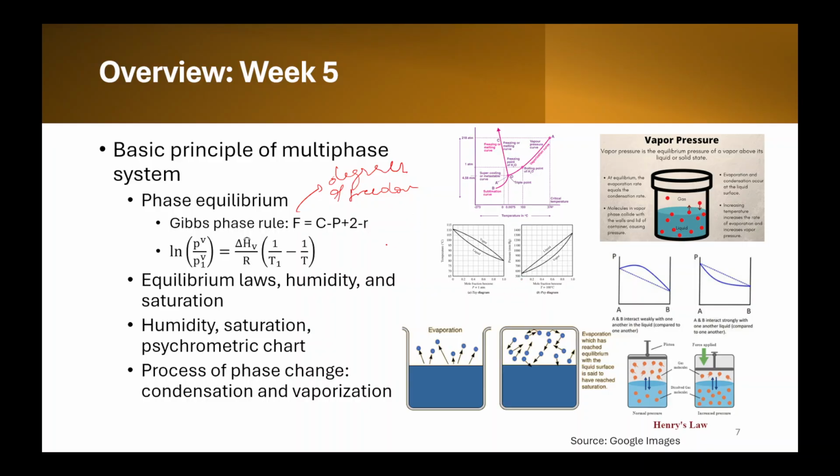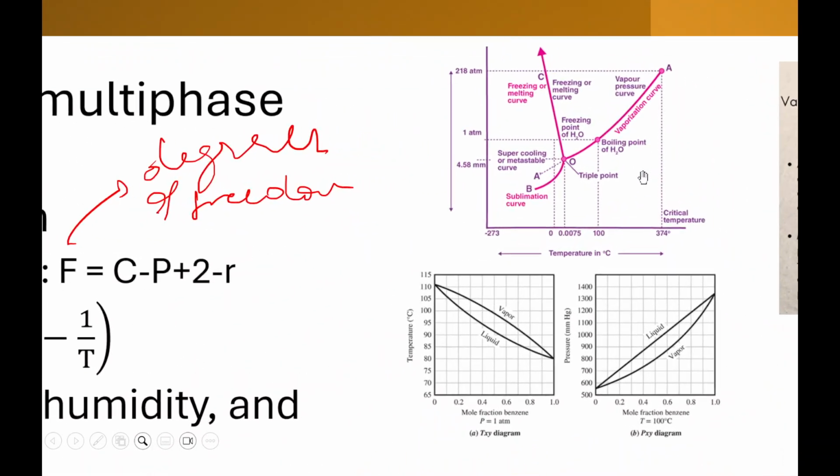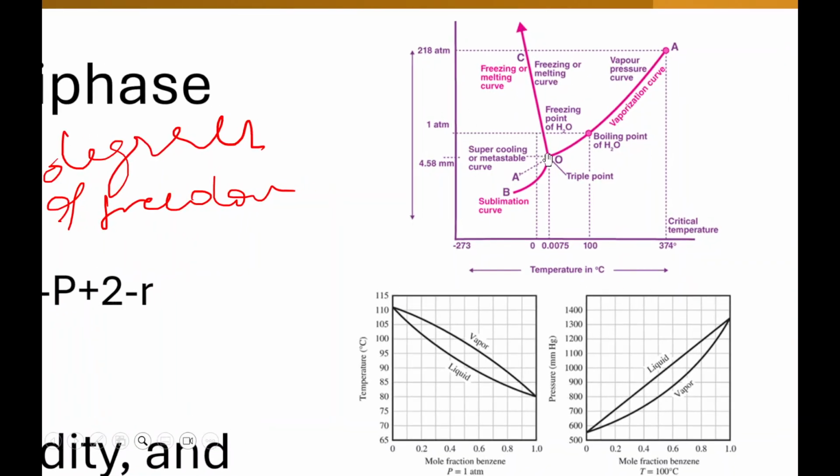In this diagram, this is the phase diagram for water. If we are in this region, the phase is liquid, one phase. There is one component, water.